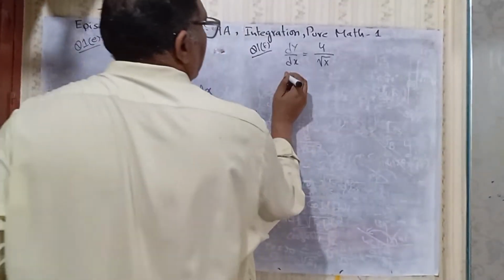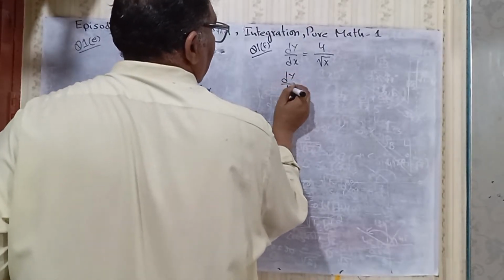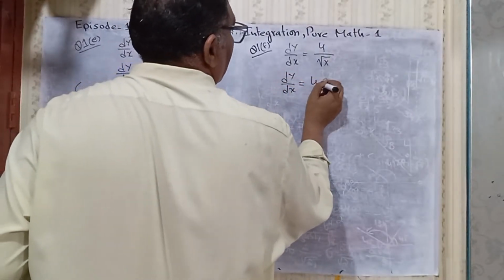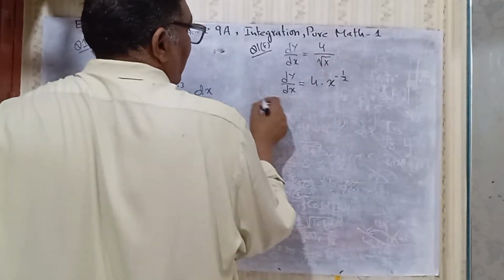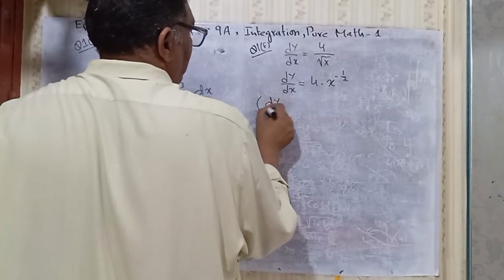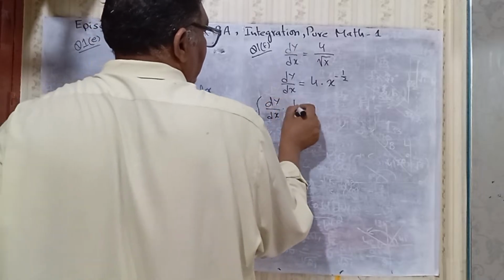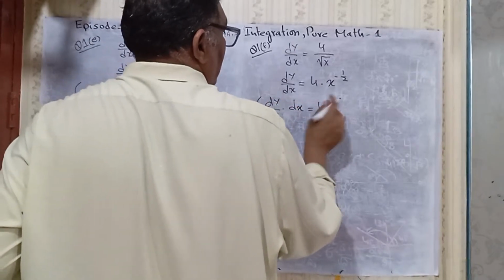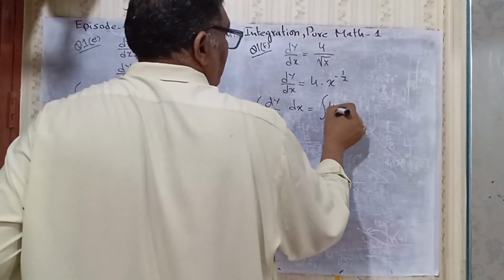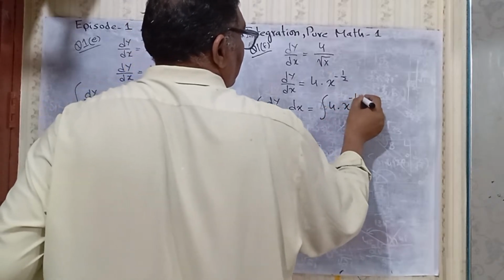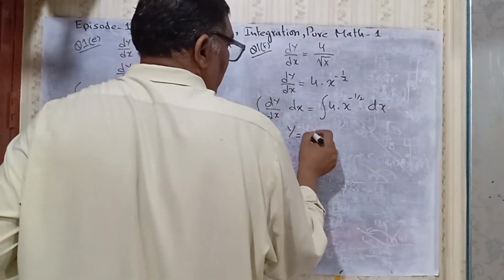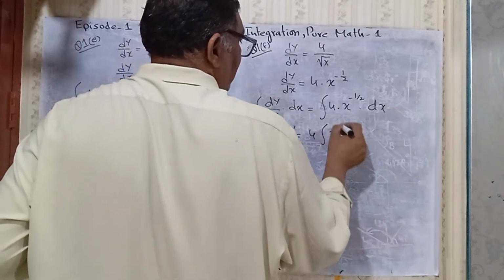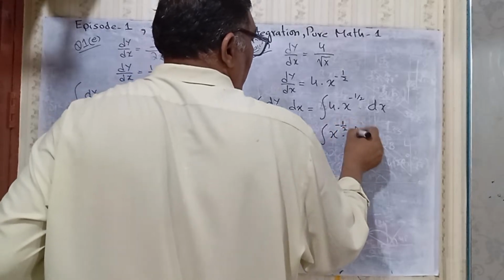Okay, so you see, it will become dy by dx equals 4 into x raised to power minus 1 by 2. I take it upstairs. Now I can integrate both the sides. Dy by dx into dx will be equal to the integration of 4 into x raised to power minus 1 by 2 dx. So this will become y. 4 will come outside, x raised to power minus 1 by 2 dx.